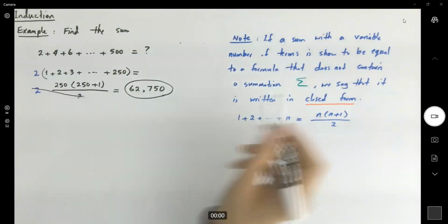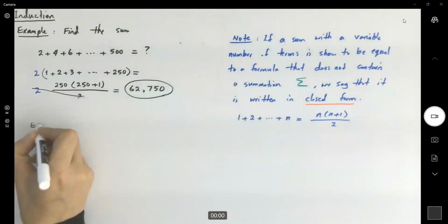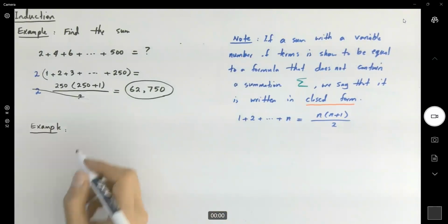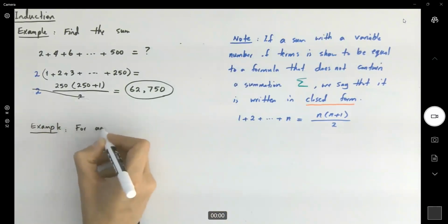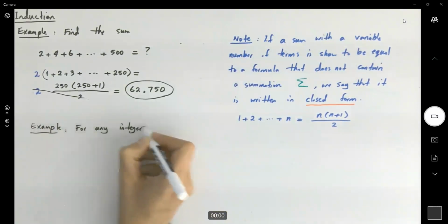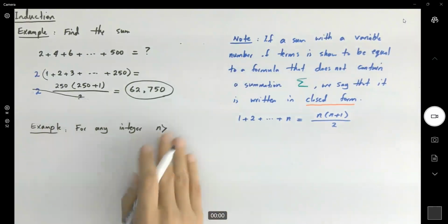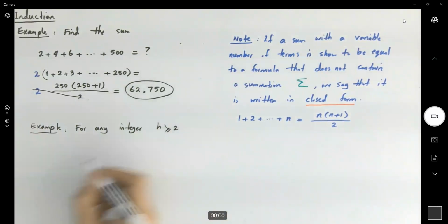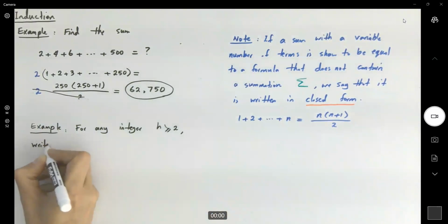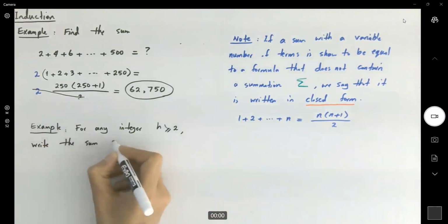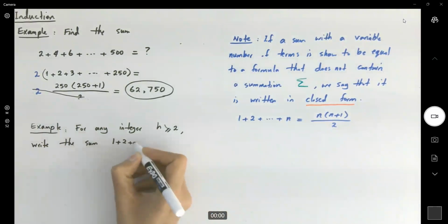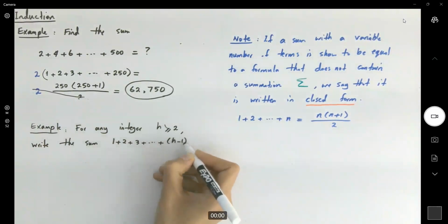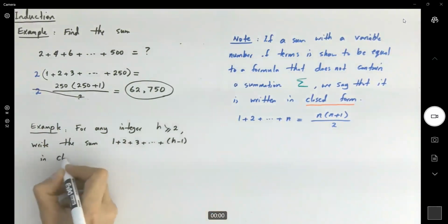In the following examples, since we're using this terminology, I'm just going to give you a quick review. In this example, for any integer h larger than or equal to 2, write the sum of 1 plus 2 plus 3 plus up to the last term h minus 1 in closed form.